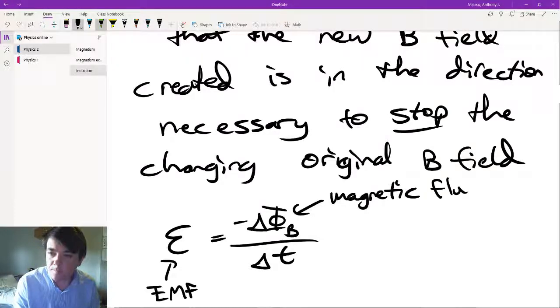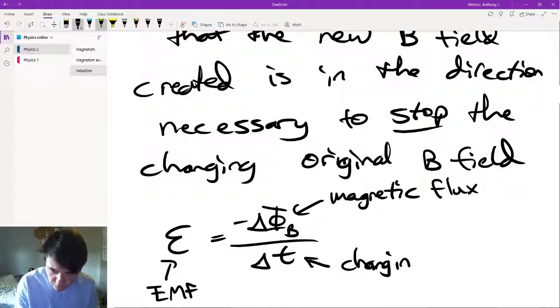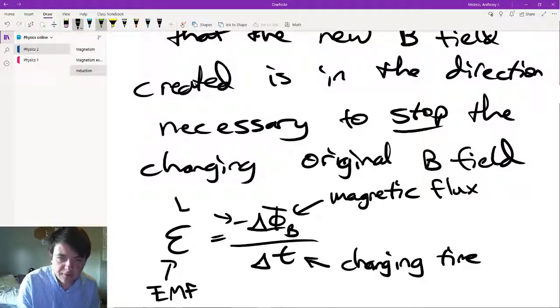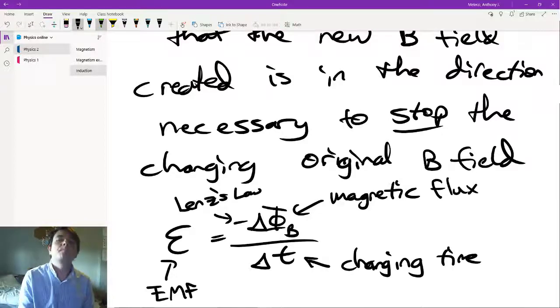This is called magnetic flux. This is changing time, right? So it's the changing field over the conductor over changing time. And this negative sign is because of Lenz's law.